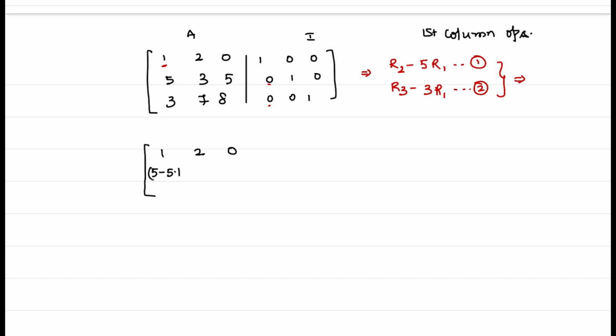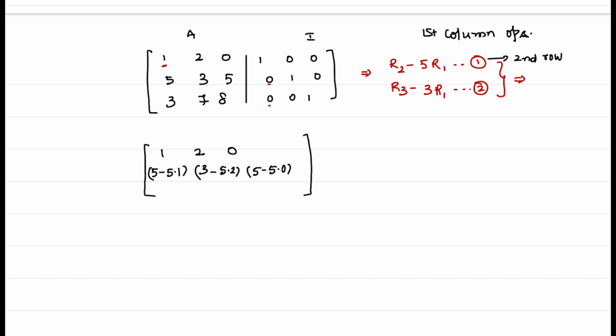The next element, R2 is 3, 3 minus 5 into 2. Then the third element in the second row, 5 minus 5 into 0. This is the operation I have done on the second row.